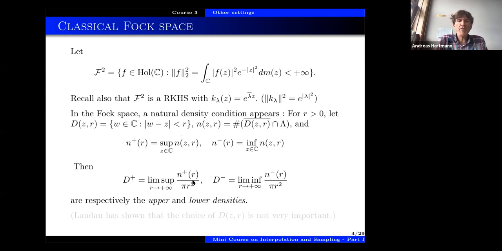We count the number of points and we divide by the area of this disk. Of course, if I give you an arbitrary sequence, it can be complicated to compute these numbers, but if your sequences are more regular, then you can get some results. D plus will be the limsup of these mean numbers of points, and D minus will be the liminf of these mean numbers of points.